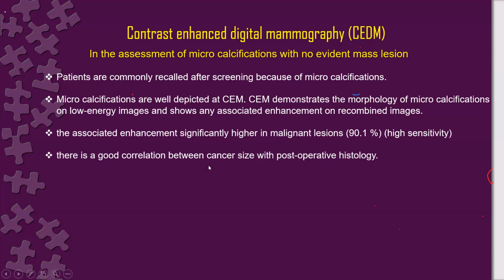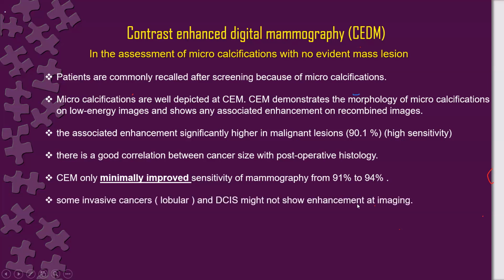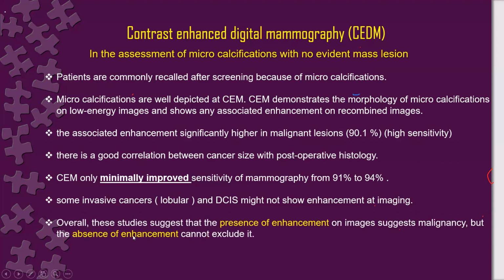And there is good correlation between cancer size and postoperative histology. Contrast enhancement only minimally improves the sensitivity of mammography from 91 to 94, because calcifications can already be picked up on regular mammography. And some invasive cancers like lobular and some DCIS might not show enhancement.